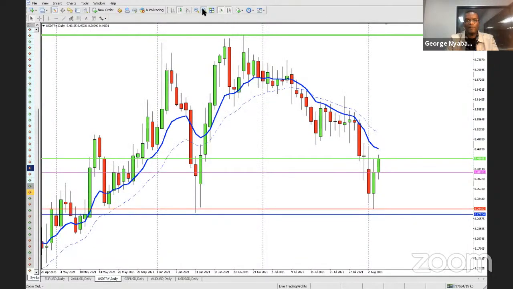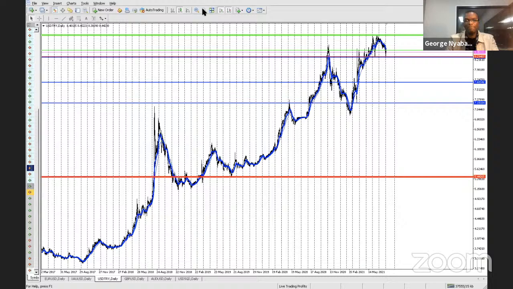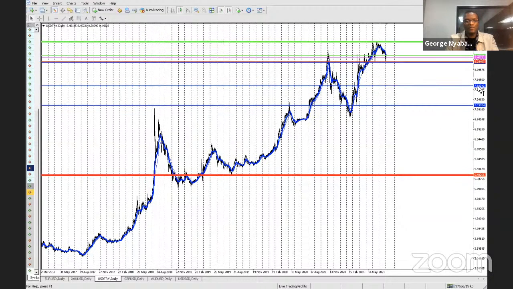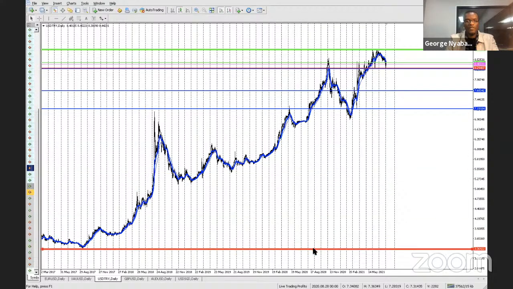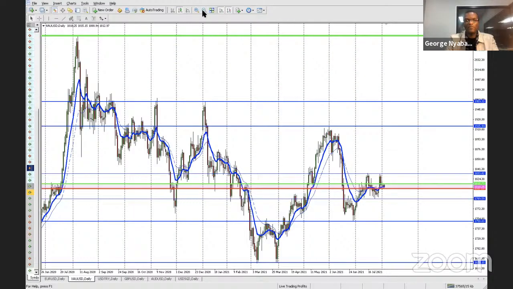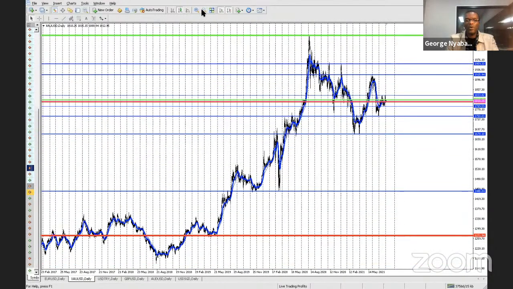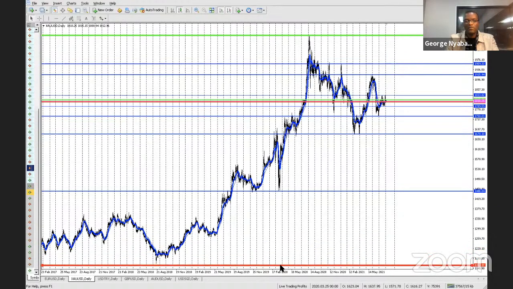Turkish lira. That's very interesting. Okay, high, low. Gold. Kind of been working on gold for a while. High, low.